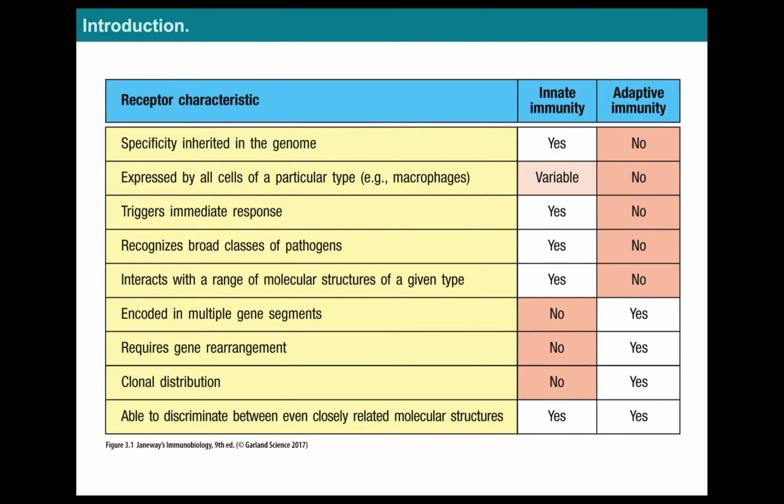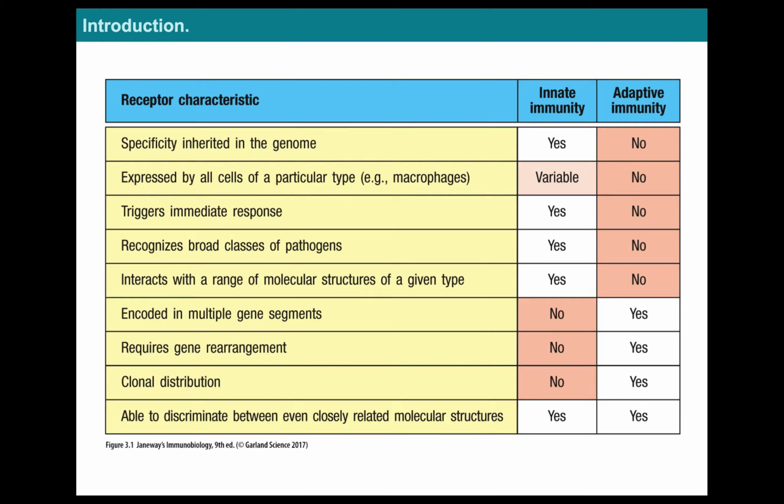Yeah, so those are encoded in bits and require a little bit of assembly or rearrangement. And then once they make a rearranged version of an antibody or a T cell receptor, you'll get lots of copies of that cell being formed, carrying the brand new molecular signature, whatever it is.